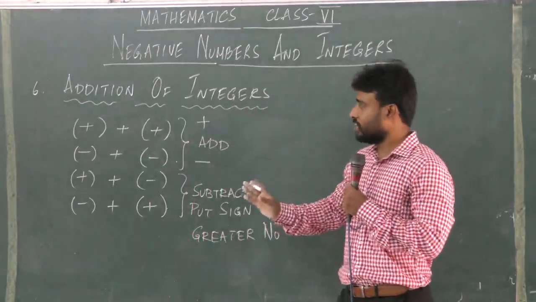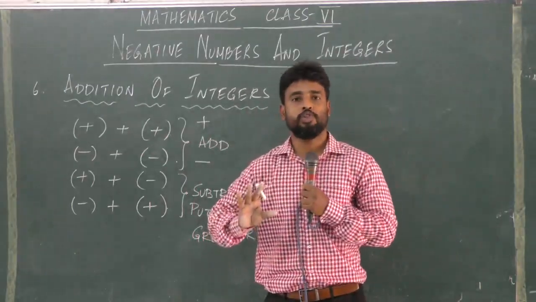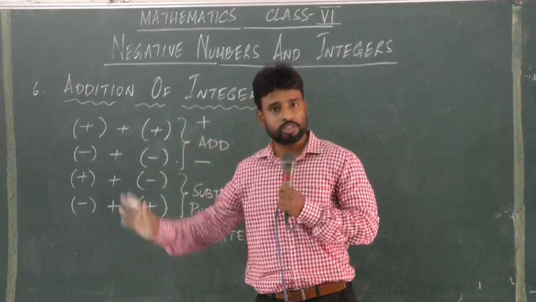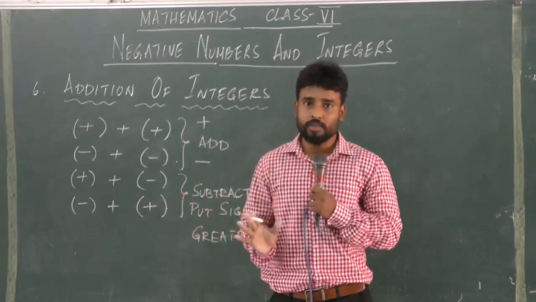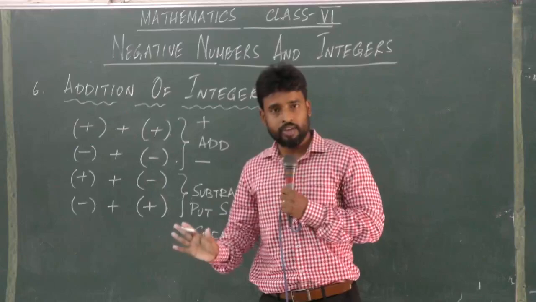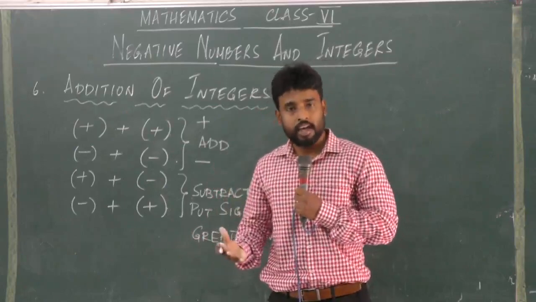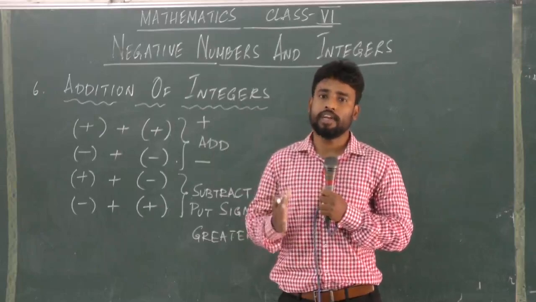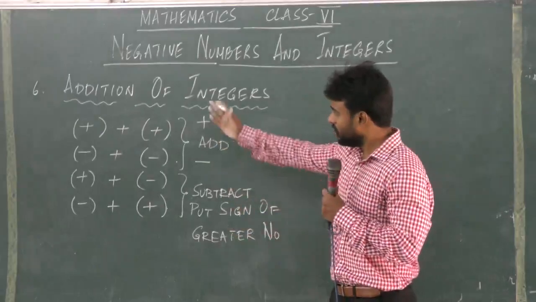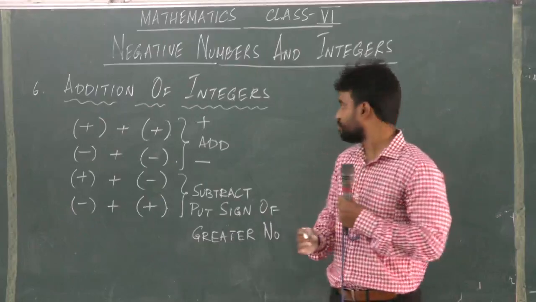So we basically understand that when we have two positive numbers, we add and write in positive. When we have two negative numbers, we add and write in negative. And when we have two different signs, we first subtract and then we put the sign of the greater number. Let us deal with it with some examples.